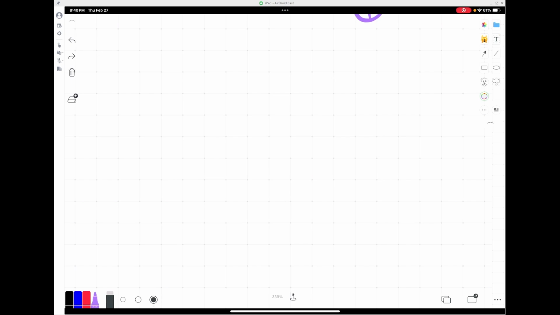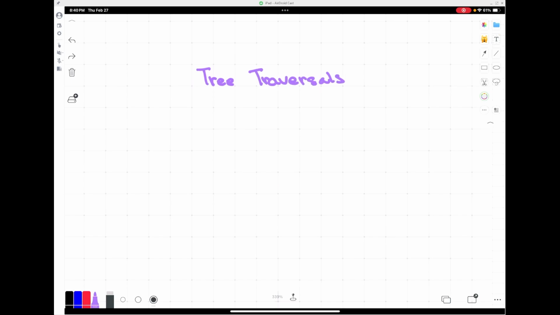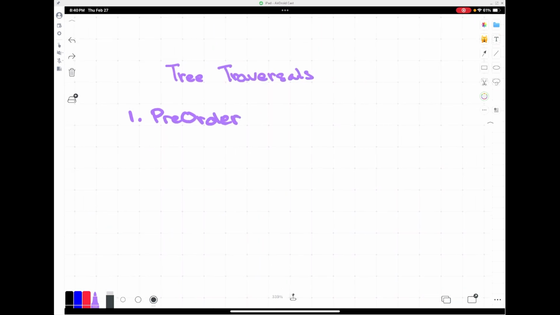So yeah, let me start off by giving you guys a kind of cheat sheet. So, tree traversals. The first tree traversal we have is pre-order, and we have root, left, right.